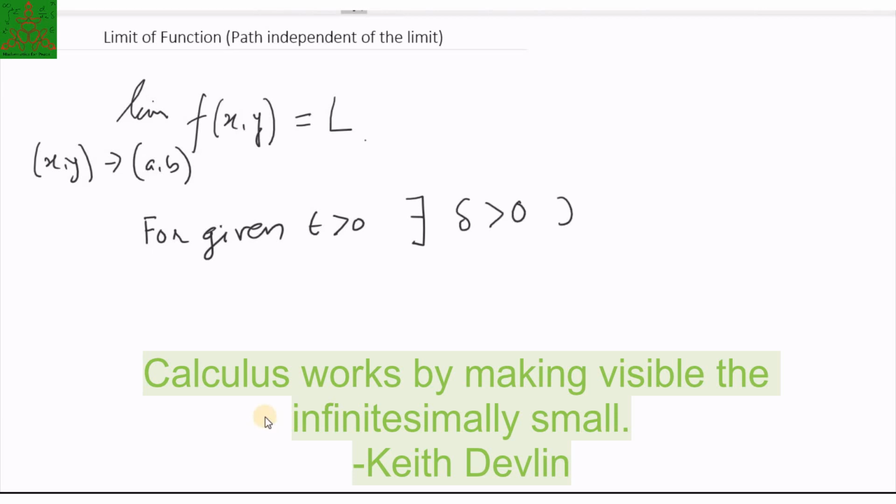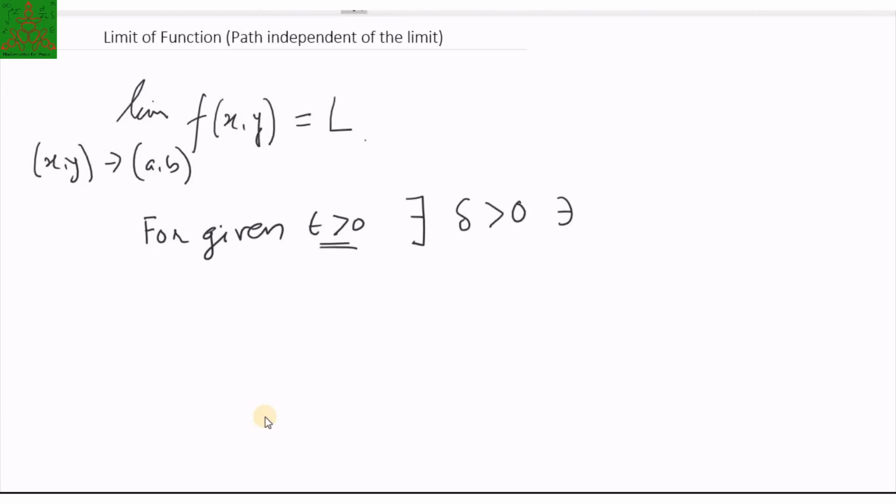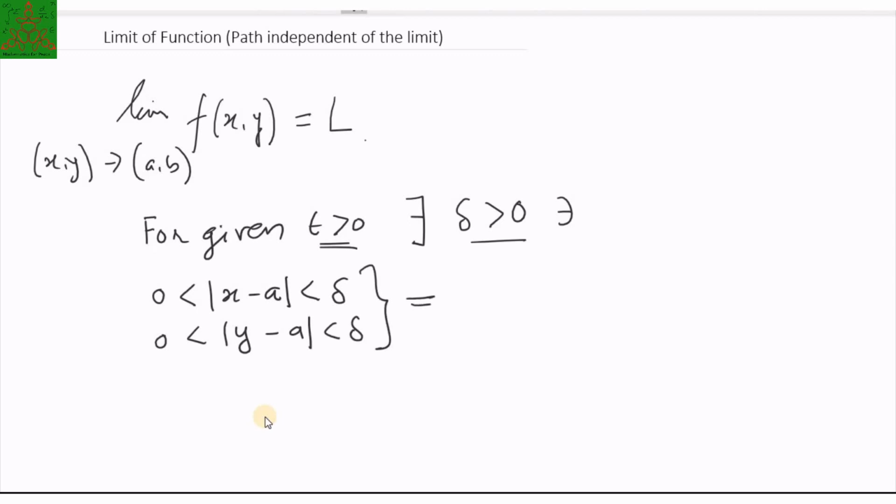That means for given epsilon you have to calculate what should be the delta such that the deleted spherical neighborhood or deleted rectangular neighborhood, so here I am taking the rectangular neighborhood definition, implies mod of f(x,y) minus L is less than epsilon.